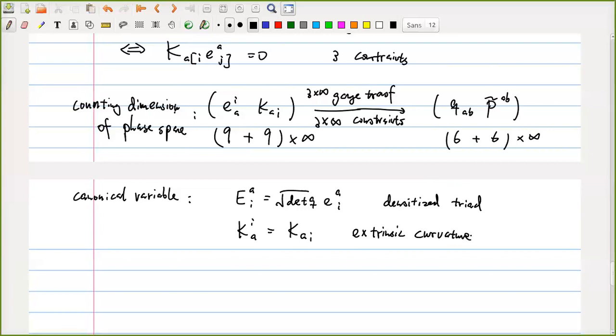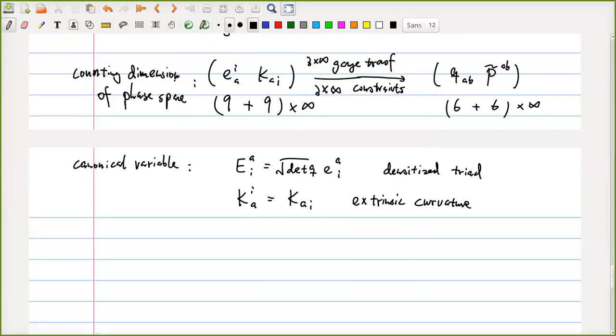Those variables are not Ashtekar variables. They are intermediate steps toward the Ashtekar new variables. These are called the triad ADM variables, the triad ADM formulation. It is still similar to the ADM formulation, but here we use the triad.